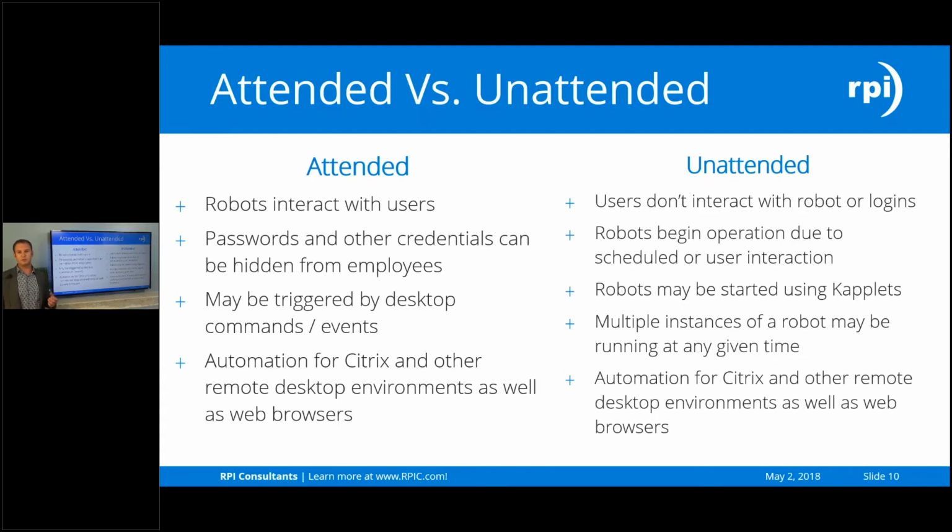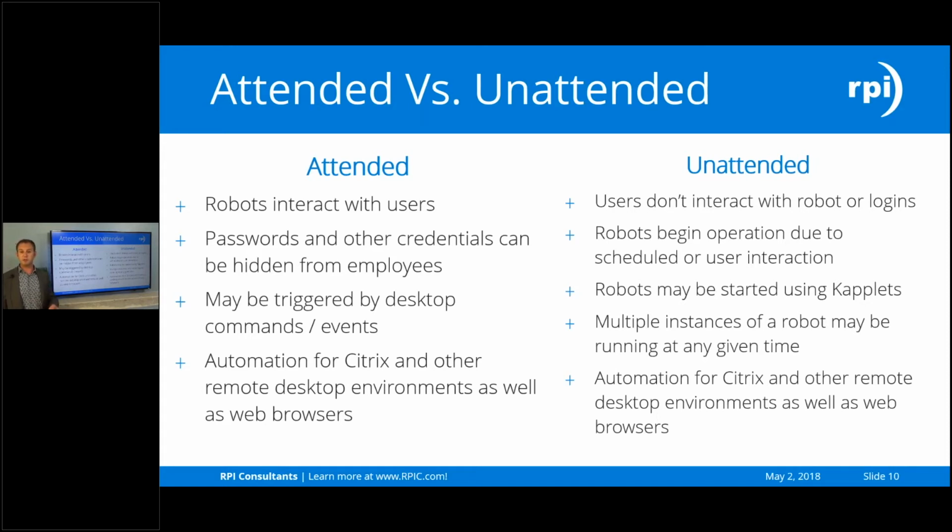These unattended robots can be executed based on a schedule, or in the Kapow case, Kapow has a really cool user interface called Kapplets. And what a Kapplet is essentially, it allows the end user to visit what they call the My Kapplets portal, which is just a website. And from there, they can choose a robot that they would like to start.